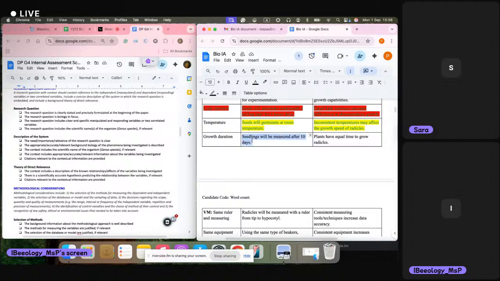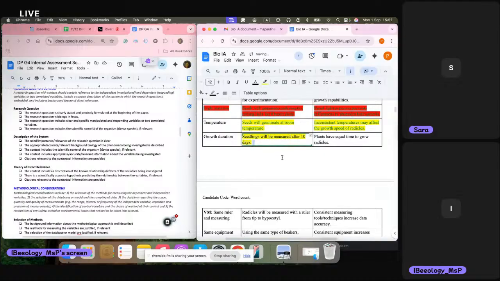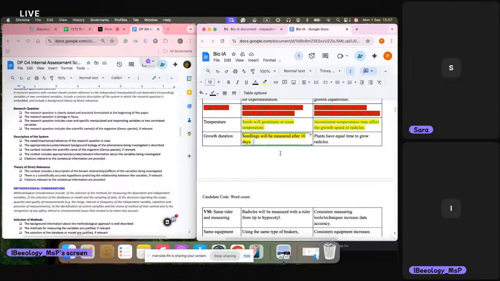What is the process here? Yes, 10 days is measurable, but is this suitable? Did you look into any experiment that says in 10 days you will find something?